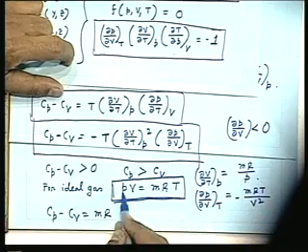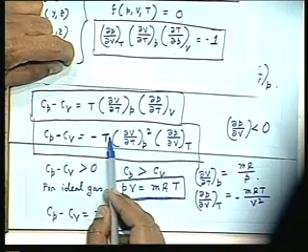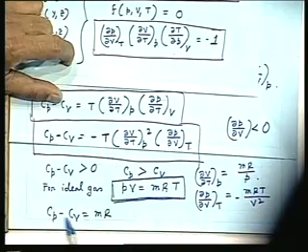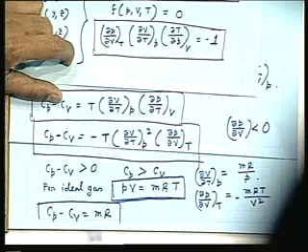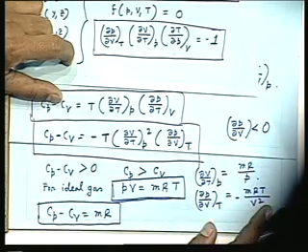So if we use these equations, then it can be shown that Cp minus Cv is m into R.